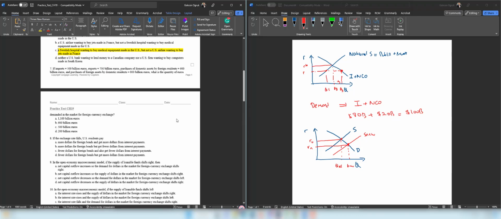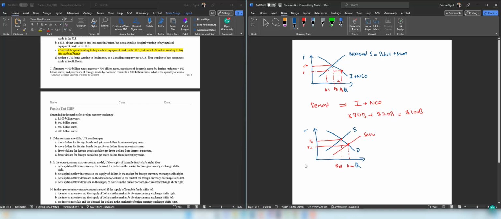Next question. If imports are 500 billion euros, exports 700 billion euros, purchase of domestic assets by foreign residents 600 billion euros, and purchase of foreign assets by domestic residents 800 billion, what is the quantity of euros demanded in the market? If you remember from your textbook, the demand is represented by net exports demand in the foreign currency.